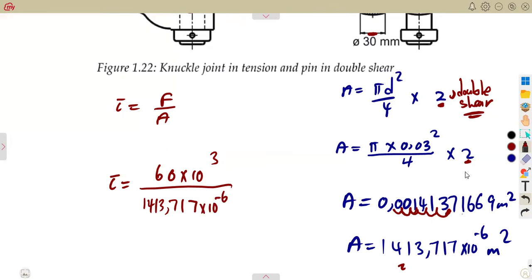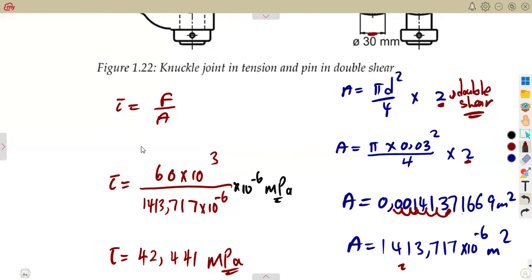All right, so that's it. Calculating our stress, our answer to be in megapascal, times 10 to the exponent of -6, converting our answer to megapascal. That was going to give us 42,441 megapascal. Our answer is automatically in megapascal.